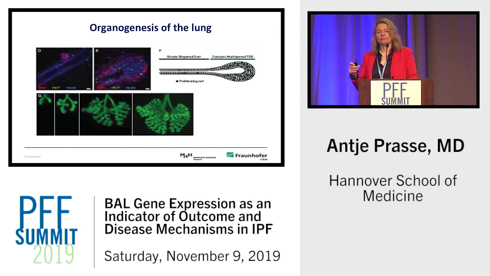So they build up tubes, and then they branch, and after 14 days, at that time, the airway tree is developed, and only then does the development of the alveolar structure start. So the basal cell proliferation and the airway tree formation is the starting point of lung organ development.